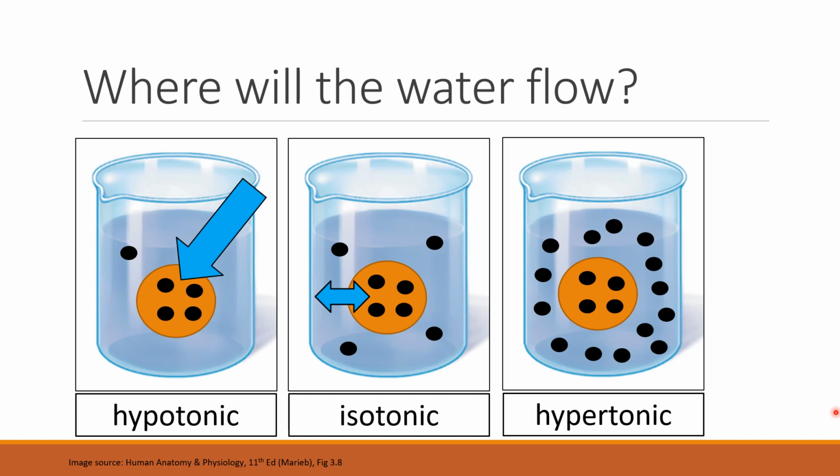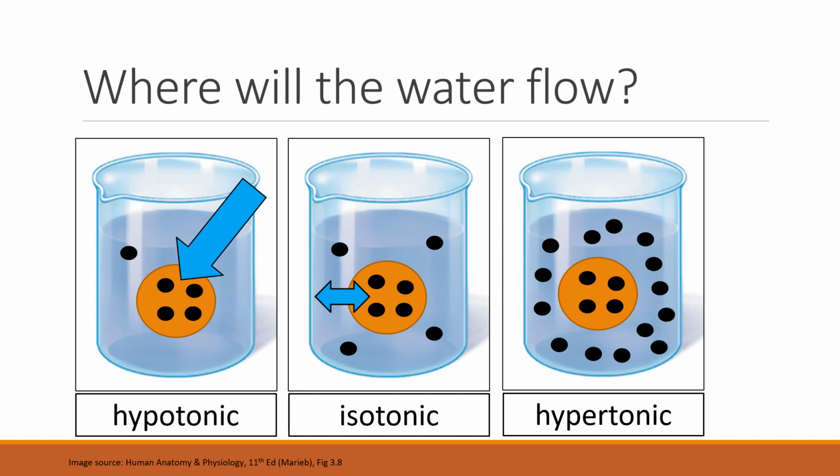Now we're going to have a solution that's called hypertonic, right? So you see in each instance the cell has 4 dots in it. But in this case, there are many, many, many dots on the outside of the cell that's in the solution. So hyper means excessive, right? So the solution is hypertonic compared to the cell. That means there are more of these little dots in the solution compared to the cell.